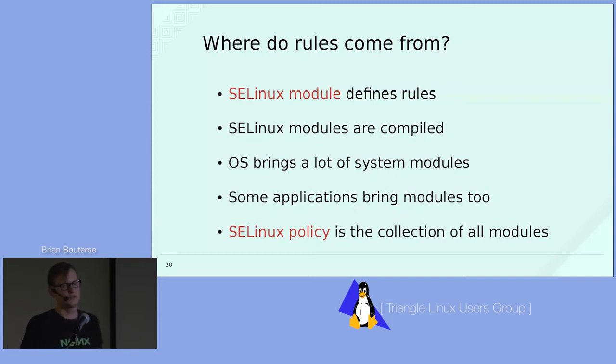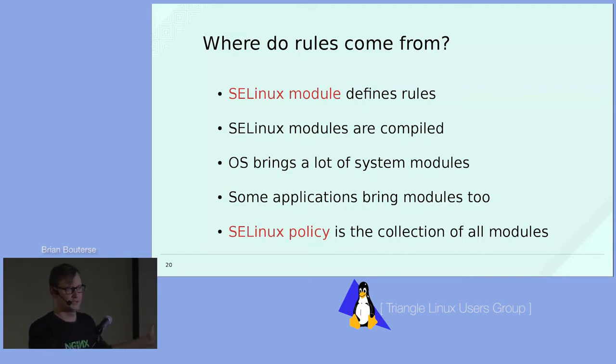So when you start a Linux system that has SELinux installed on it, you've got a bunch of modules on there. And so your system is already prepared for you to learn more and to interact with the security model that's already in place. Many distributions today come with SELinux ready and prepared. So you already have a bunch of these on your system, especially if you have SELinux turned on.